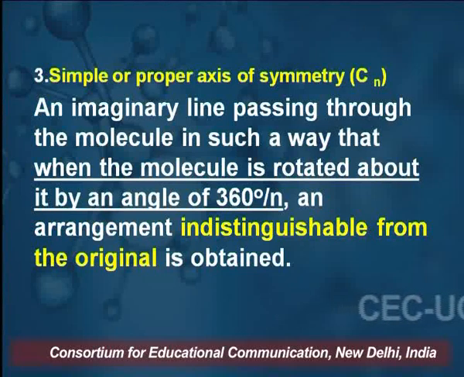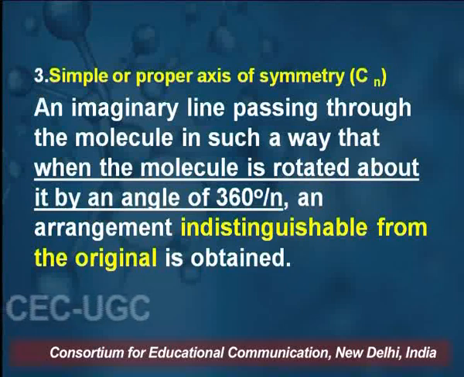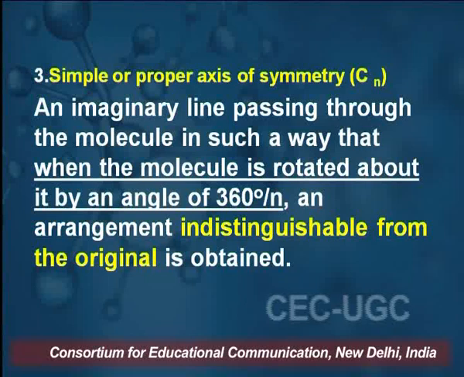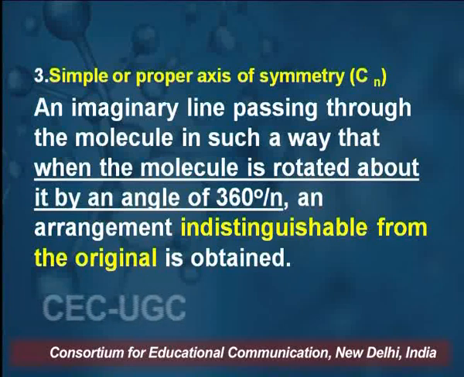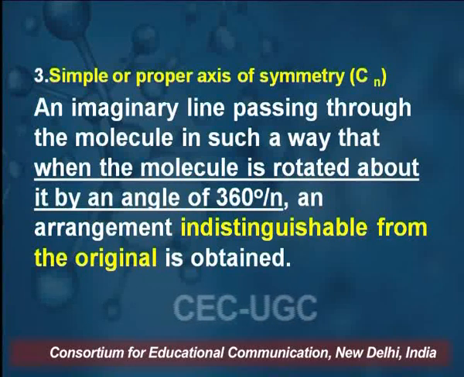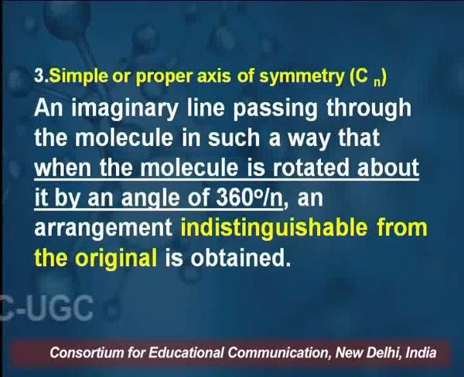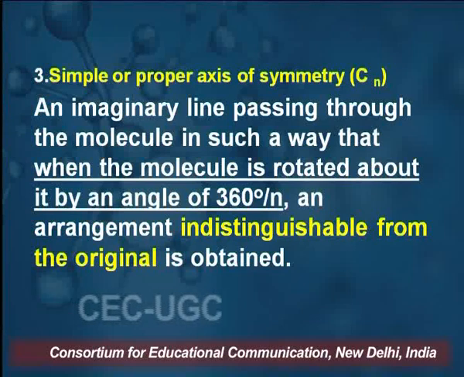This is known as Cn symmetry, and the operation that we are going to carry out is to rotate the molecule by 360 degrees, and then see how many times an indistinguishable structure is obtained.